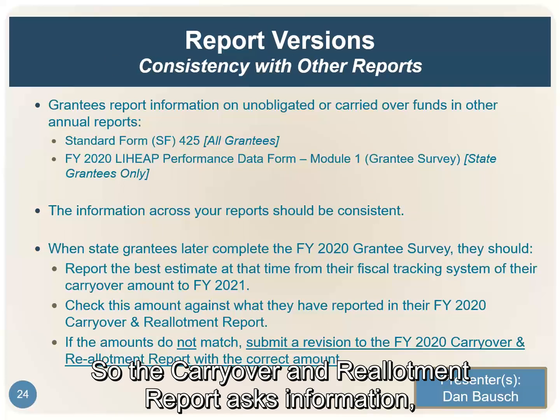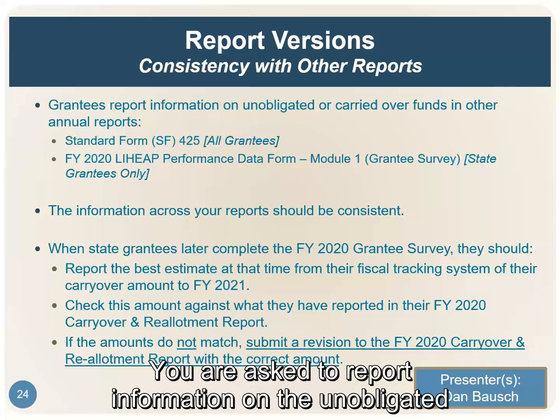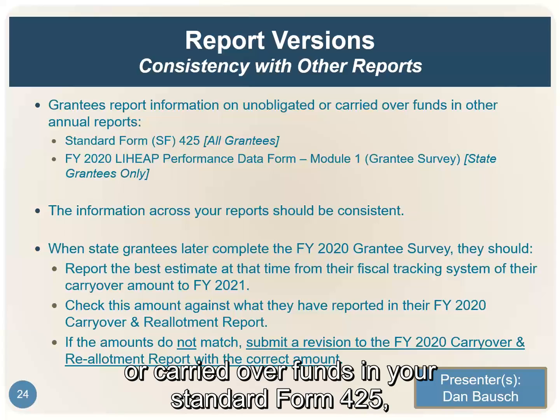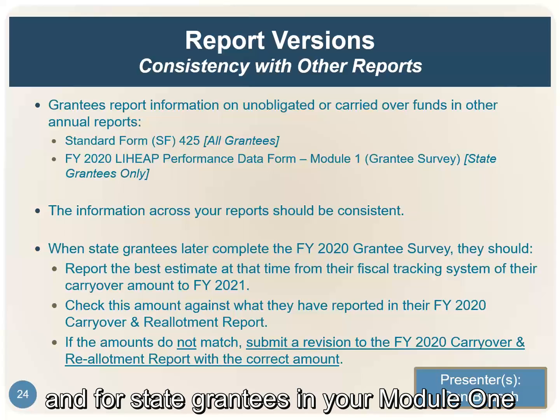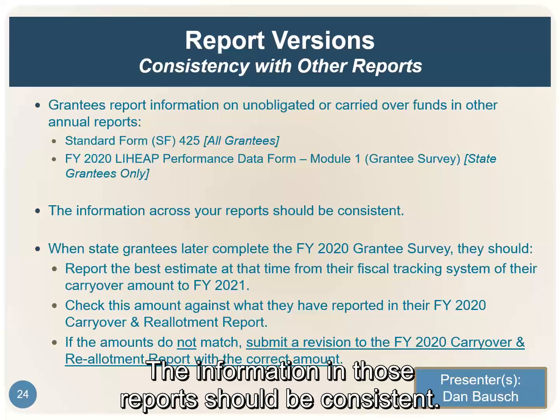So the Carryover Reallotment Report asks information that's also collected on other reports. You are asked to report information on the unobligated or carried over funds in your standard form 425, and for state grantees in your module 1 of your performance data form, which is your grantee survey. The information in those reports should be consistent.